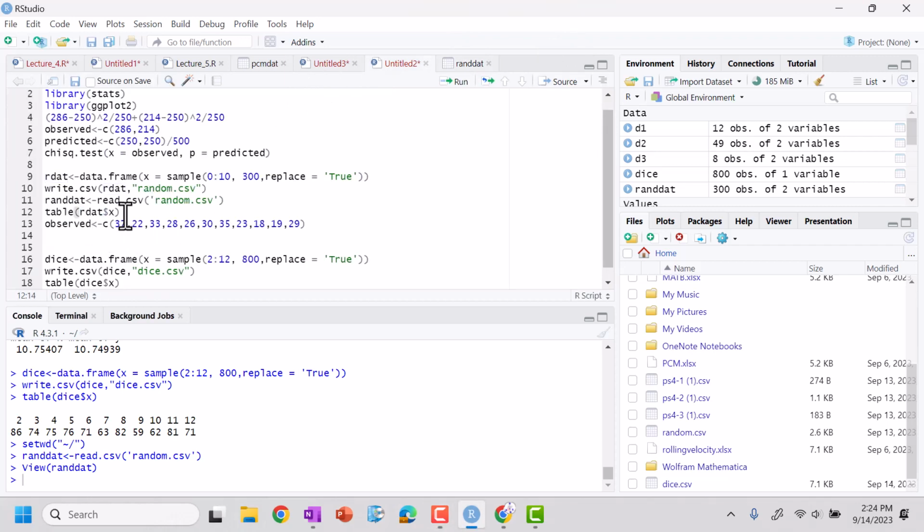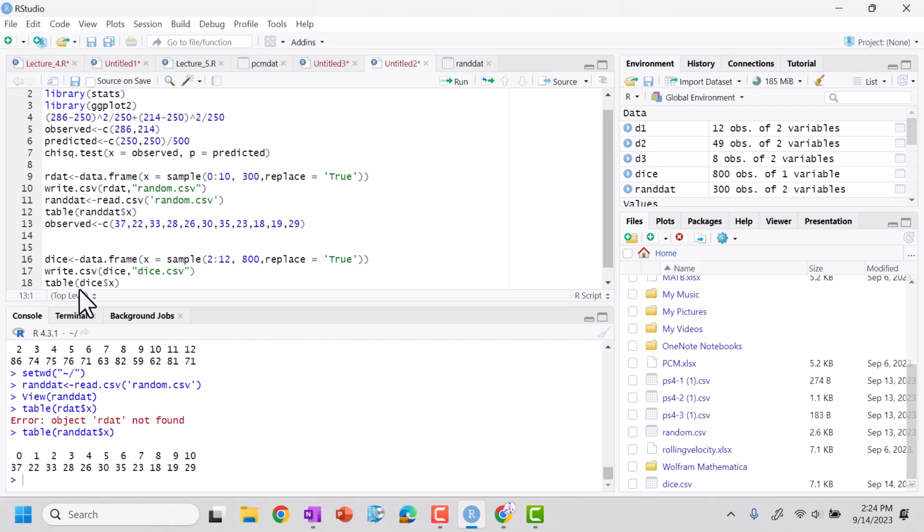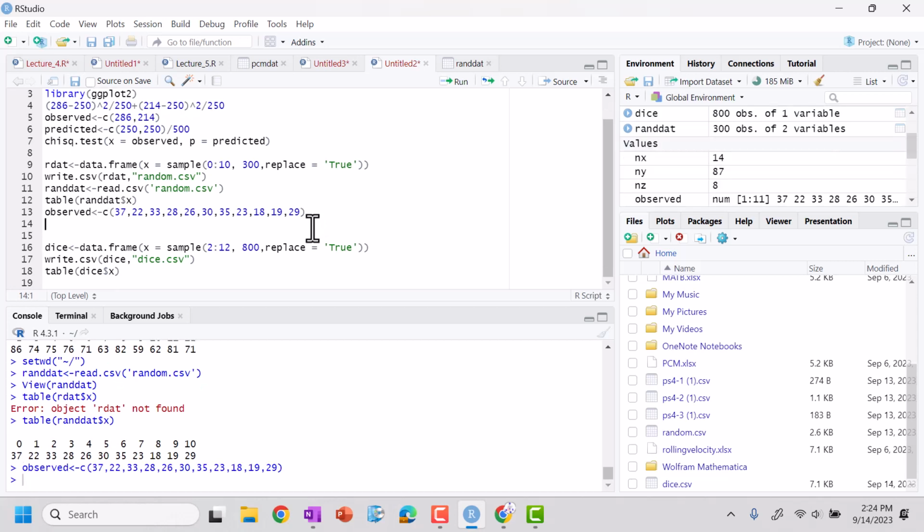So I'm going to do a table on my randat and count how many times these values are repeated. So 0 is repeated 37 times, then 23, 33, 28, 26, 30, 35, 23, 18, 19, 29. Those are my observed values.